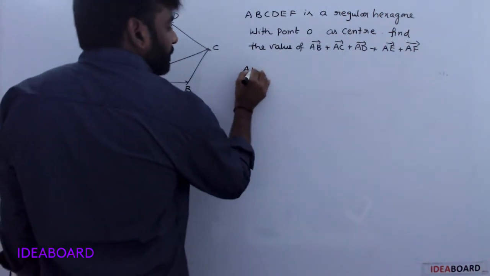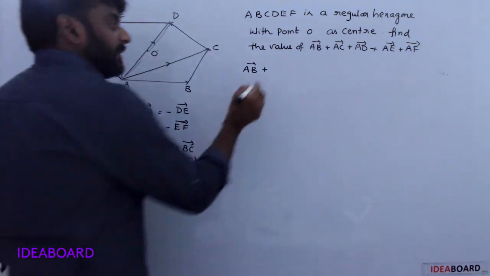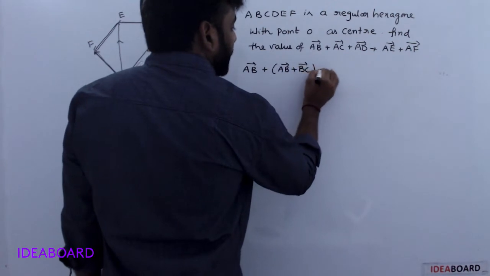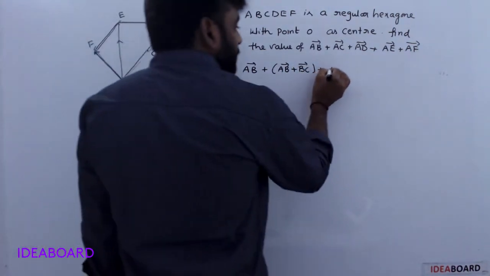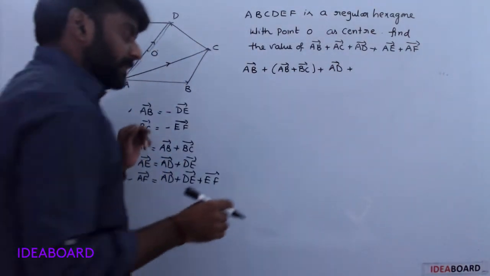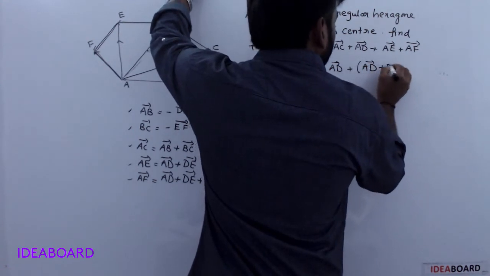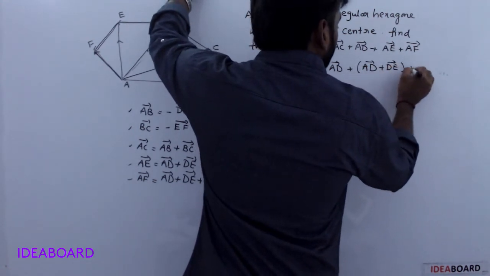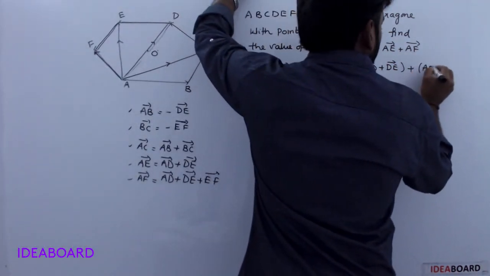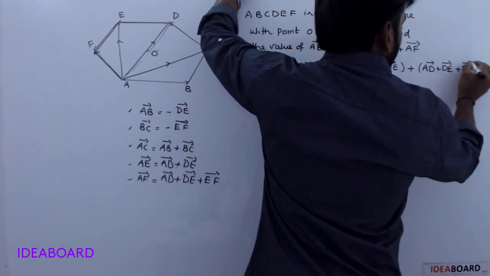AB bar as usual, but AC bar is written as AB bar plus BC bar, plus AD bar as usual, plus AE bar is written as AD bar plus DE bar, AF bar is written as AD bar plus DE bar plus EF bar.